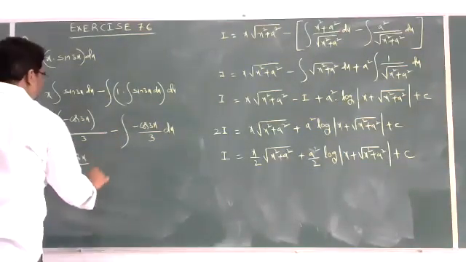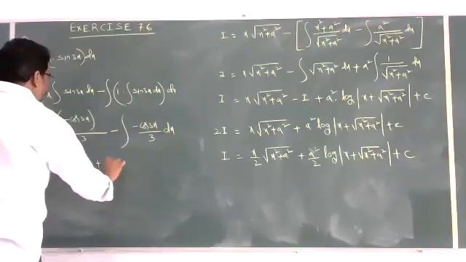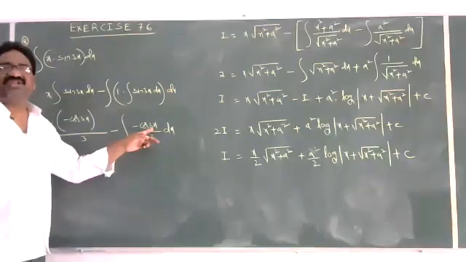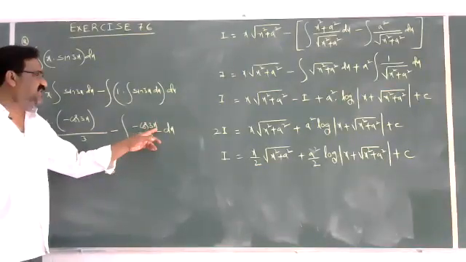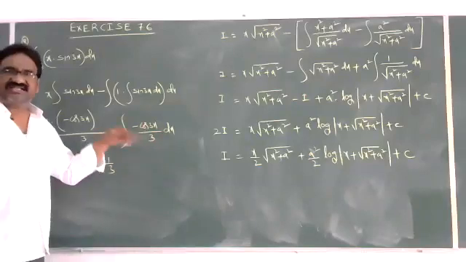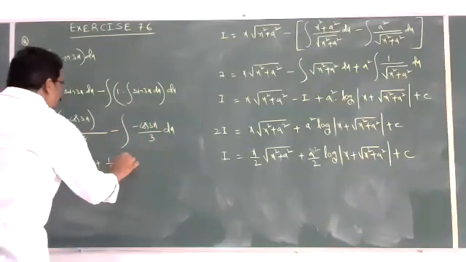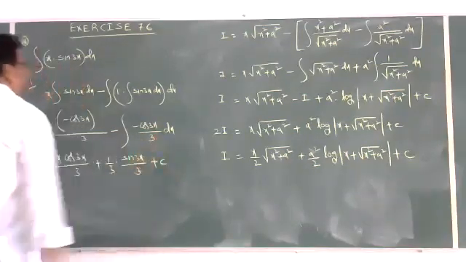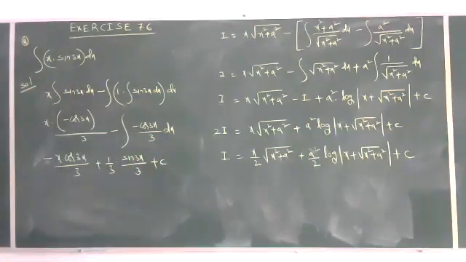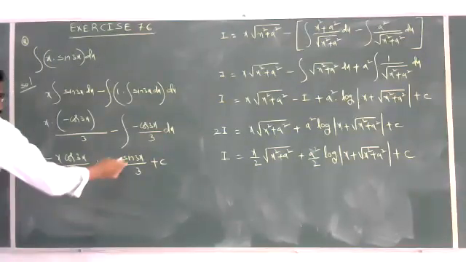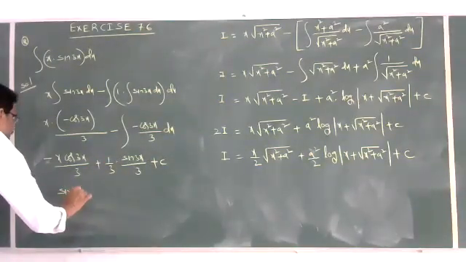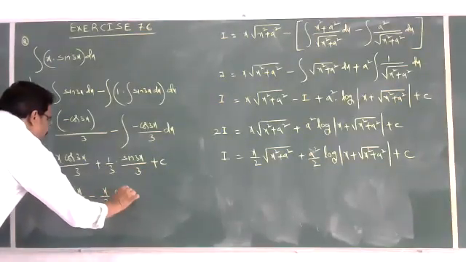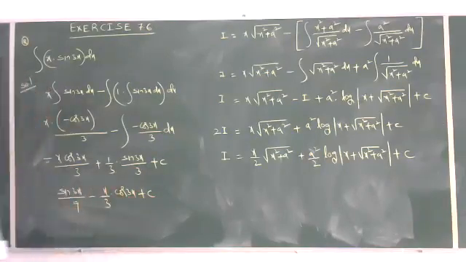Here minus into minus gives plus 1 by 3 integral of cos 3x. So 3x is treated as x, cos x integration is sin x, that is sin 3x by 3, the derivative of 3x, plus c. That is sin 3x by 9 minus x by 3 into cos 3x plus c.